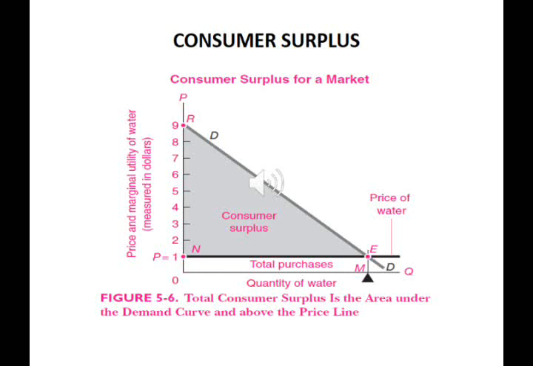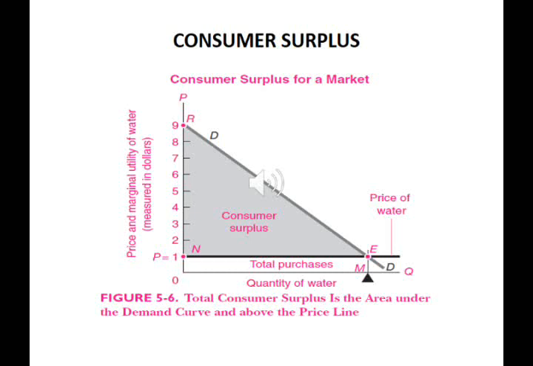Okay. However, there is a total utility that we are getting as consumers from consuming m bottles of water. How can we get this total utility? If you remember the lecture when we started talking about total utility and marginal utility, we said that the total utility that a consumer is getting from consuming a certain number of units of a good is equal to the summation of the marginal utility he is getting from each unit.